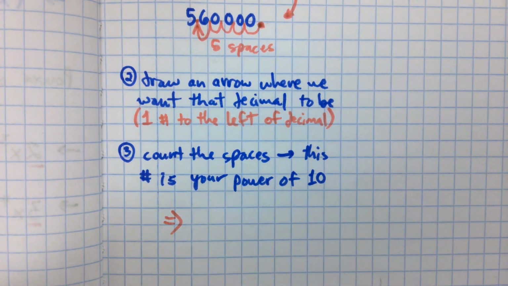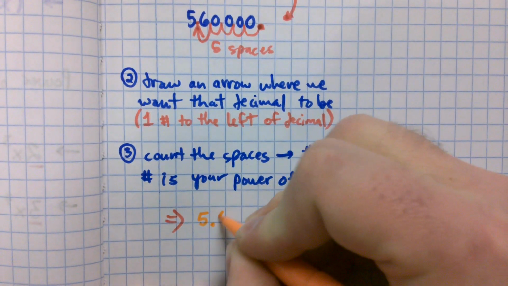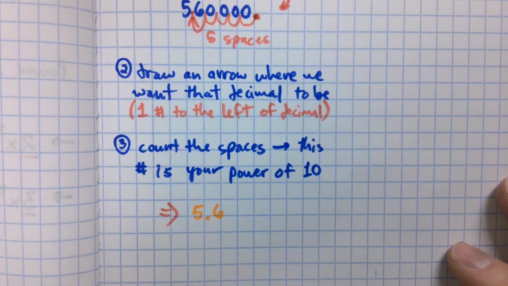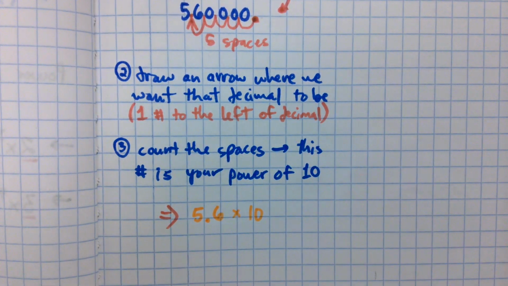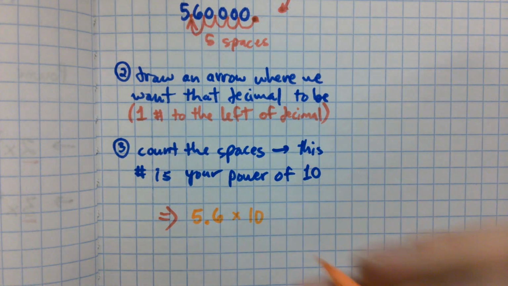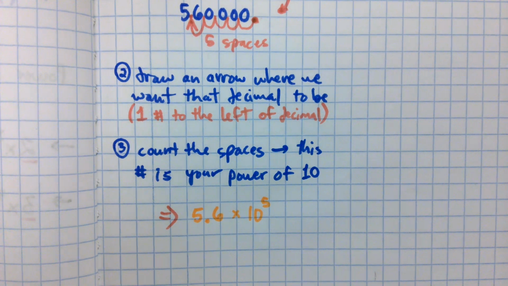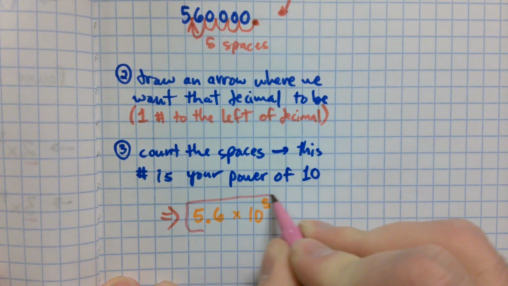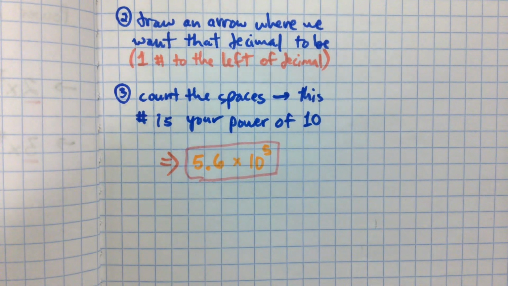So my answer is going to be 5.6. That's my leading number. It's always going to be times 10. And what's my power of 10 going to be? 5. It's how many spaces we moved. That's my power of 10. 5.6 times 10 to the 5th power.